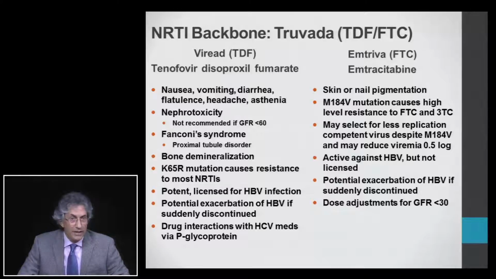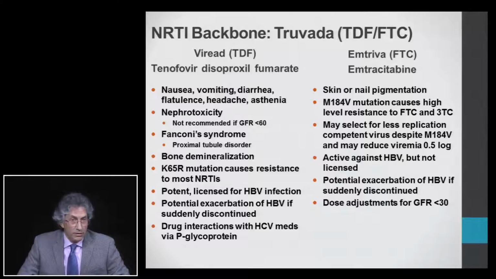So tenofovir is a very potent and very safe nucleoside reverse transcriptase inhibitor. It has some potential toxicity, nausea, vomiting, flatulence, headache, as I show you, but these are uncommon. Its main trouble is nephrotoxicity, and it's not recommended for persons whose GFR is under 60 because it can contribute to renal failure.